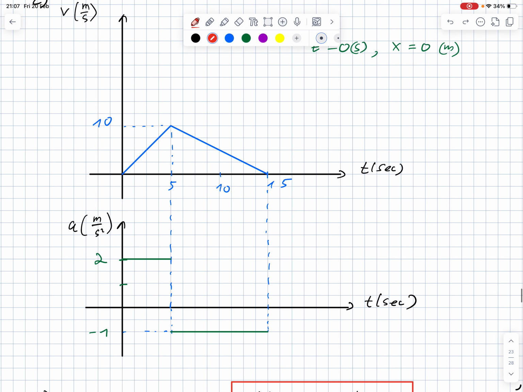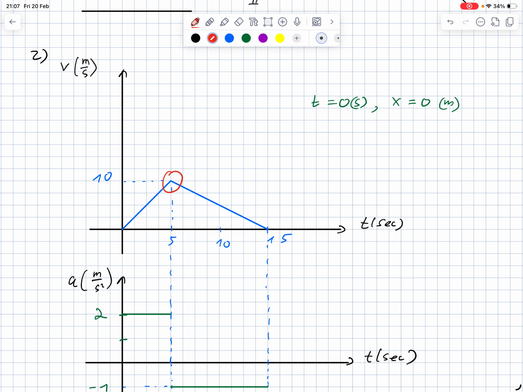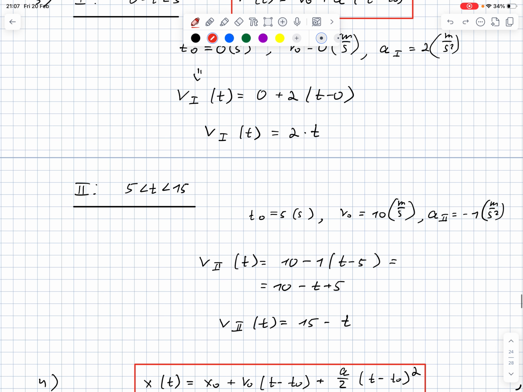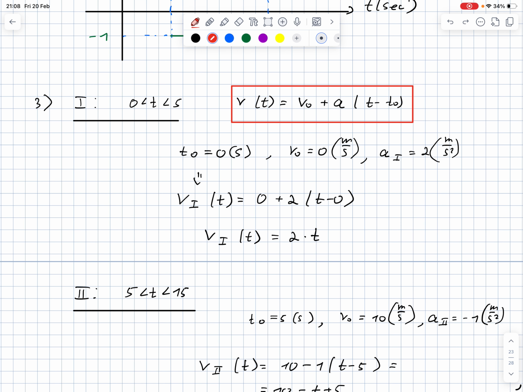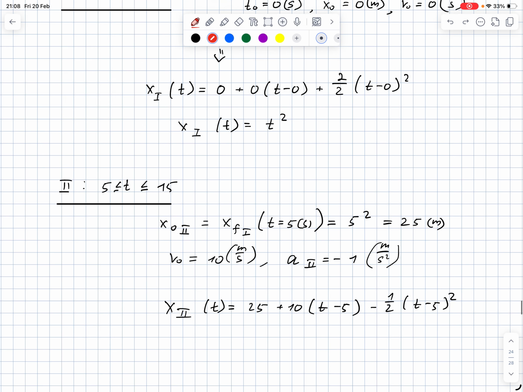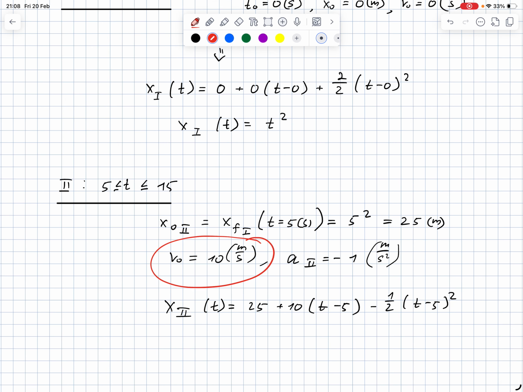You can go to the graph to check it, and you will see that when t equals 5 seconds, the velocity is 10 meters per second, or you can just use this function and substitute t with 5 seconds, and you will see that the velocity equals 10 meters per second. The acceleration of the second time interval we calculated in the previous part, which is -1 meters per second squared.